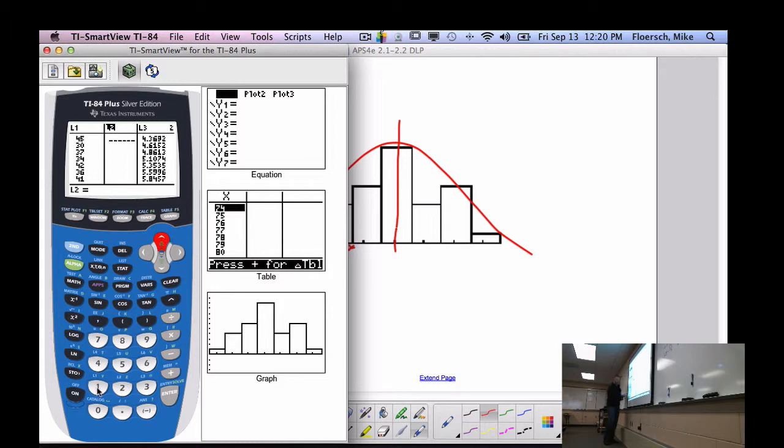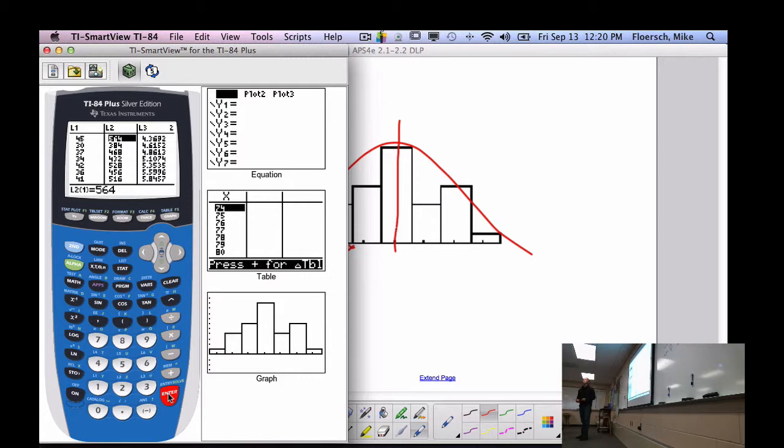But 12 times list 1 plus the 24. What will this do? It'll take 12, multiply by this number, add 24, and put it there. 12 times this number, add 24, put it there. 12 times this number, add 24, put it there. If I just hit enter, it does it real quick for me, so I don't have to sit there and type them all in. I can just do it quick.